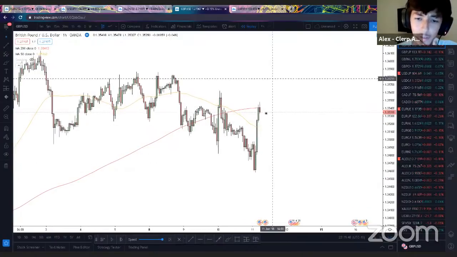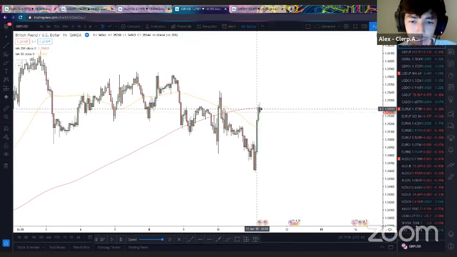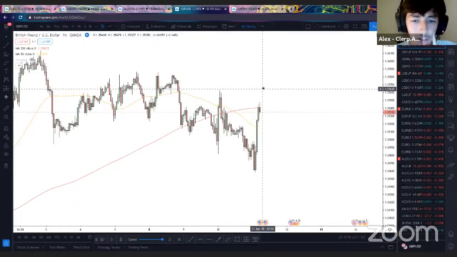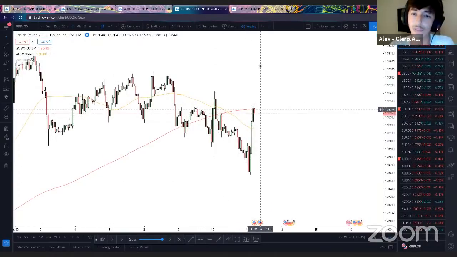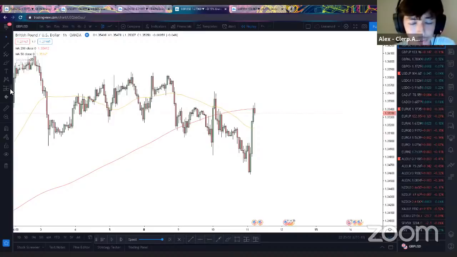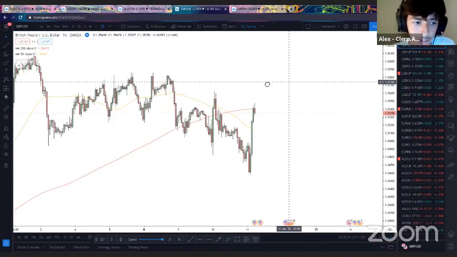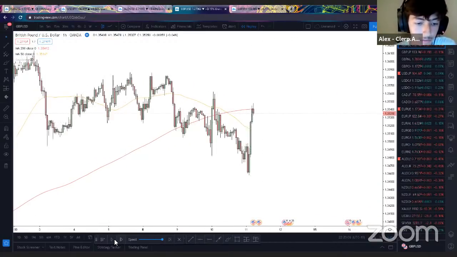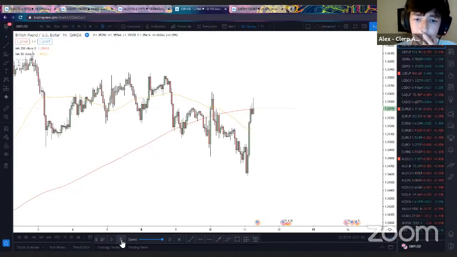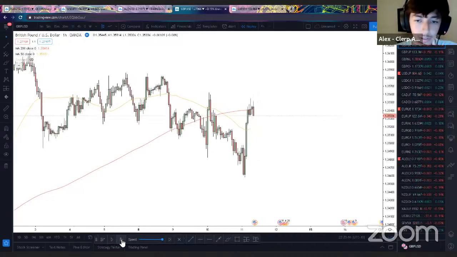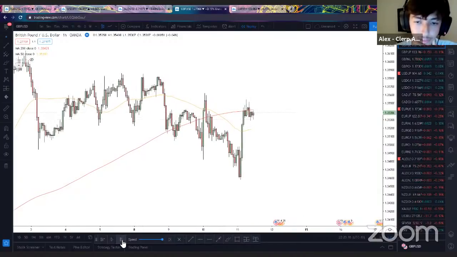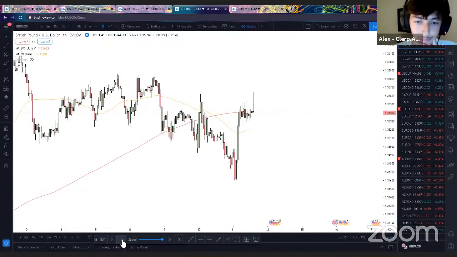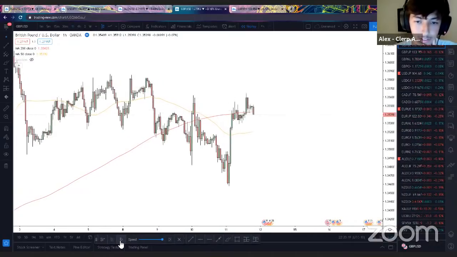Because of this impulsive move and that it's at the 200, I don't really want to take this trade because it retraced a little too much, plus with bullish momentum, which is the opposite of what we want. I'm just going to continue these candles and see what direction it starts to go in, just because I'm curious. Okay, we're not going to take that.